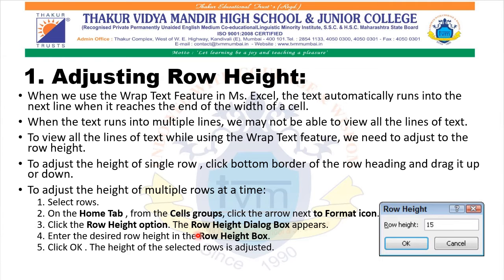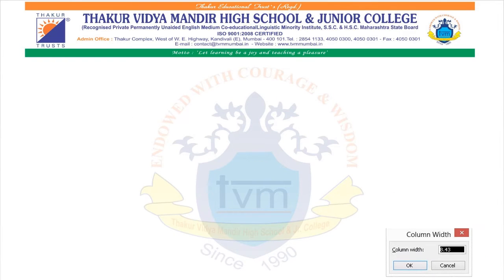In the Row Height option, a dialog box will appear on the screen. Enter the desired row height in that dialog box. Once you enter the appropriate height, click OK. As you see on the screen, the height of the selected rows will be adjusted according to the number we have specified. Now the next thing is, we are going to adjust the column width.